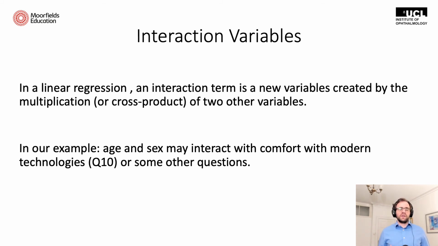So what is an interaction term? An interaction term is basically a new variable that you create by multiplying two other variables, or taking a cross product of two other variables if they are categorical variables. In our previous example, you can imagine there might be a multiplicative interaction effect between age, sex, and comfort with modern technologies, or some other question.